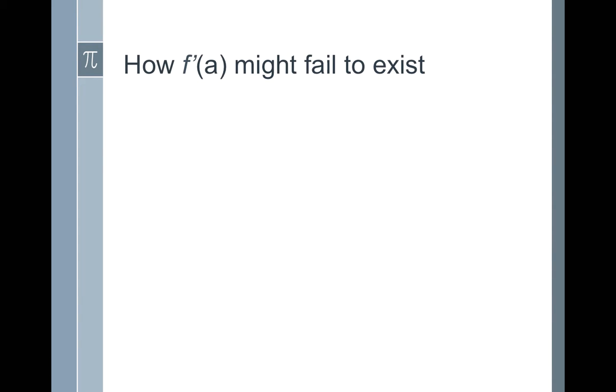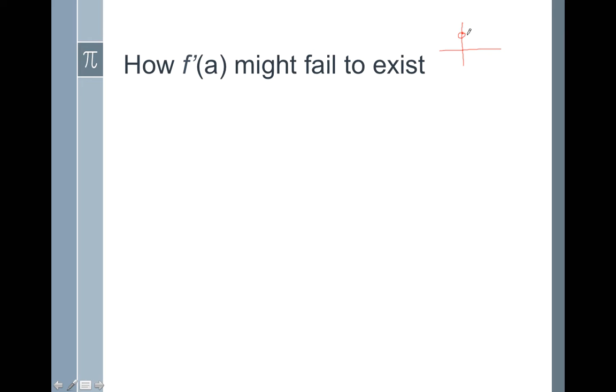There are a few different spots where a function might not have a derivative. So f prime of a might fail to exist. We may have noticed one from one of the last lessons, where we were drawing derivatives, or drawing the function from the derivative.